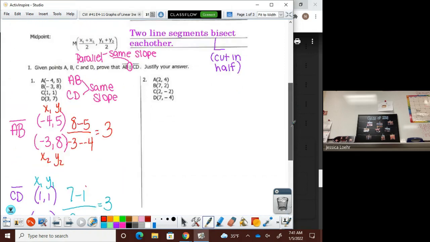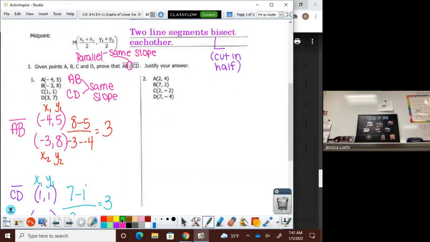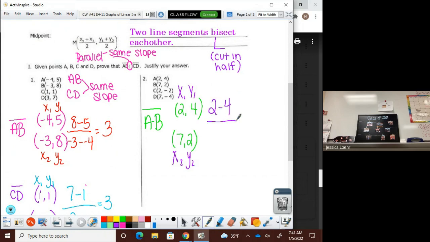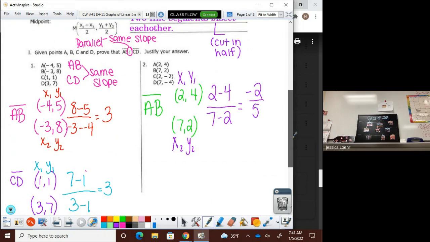All right, so now we're going to come over here and we're going to do the same thing. We're going to find the slope of AB, and we're going to find the slope of CD. So we have 2, 4, and 7, 2. Labeling my points, x1, y1, x2, y2. And if you don't have to do the labeling, great. Just plug it right in if you understand that. 2 minus 4 over 7 minus 2 gives me negative 2 over 5, my slope.